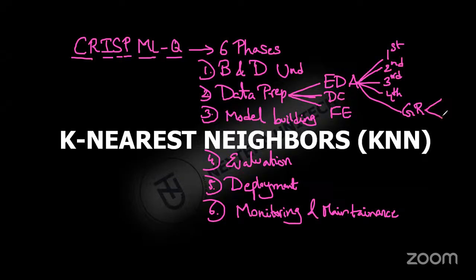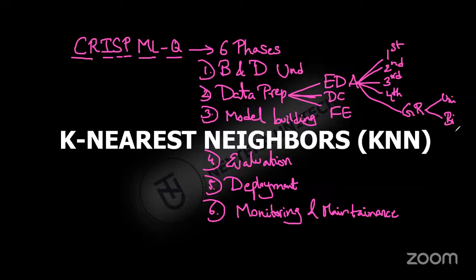Under graphical representation, we have univariate visualizations and bivariate visualizations. Am I right? Yes. Under univariate, we have understood histogram, box plot, QQ plot. Under bivariate, we understood scatter plot. What is the purpose of scatter plot?